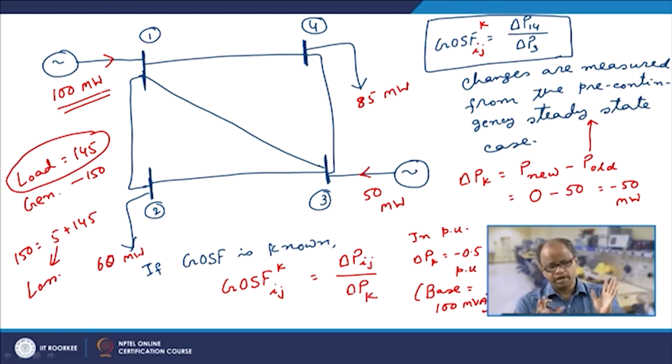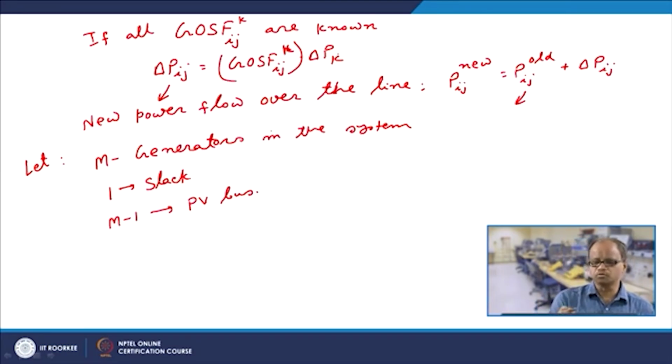So, whenever we are saying that some generator is out, we must also say that there is some mechanism to compensate for this loss of generation. Now, in this case what do we do? In this expression it is assumed that the lost generation is totally taken by the slack bus.